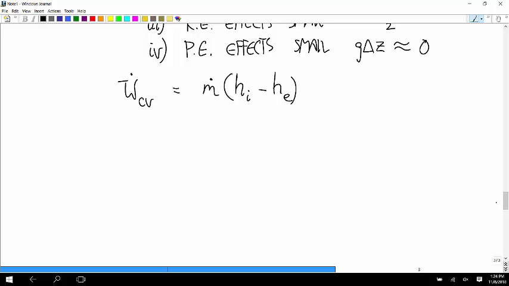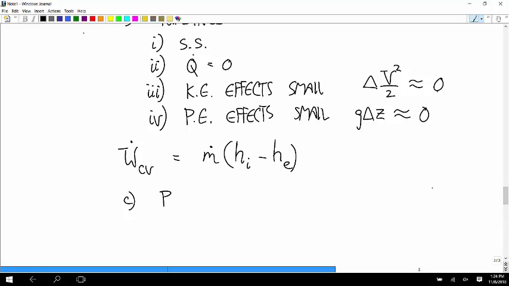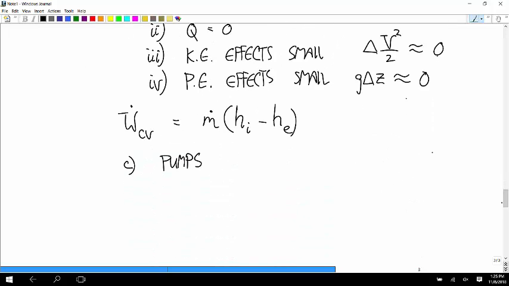And then, well, let's break up compressors and pumps. So let's do pumps first. A pump usually increases the height of a liquid.